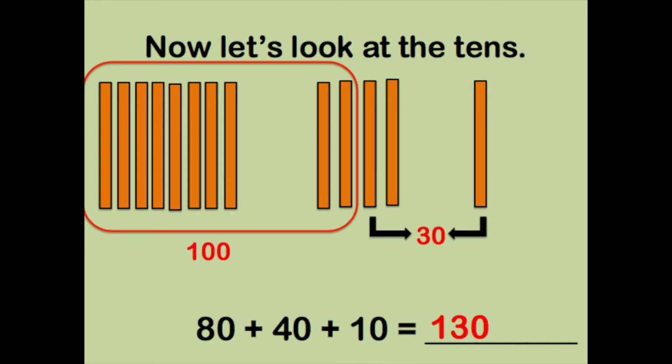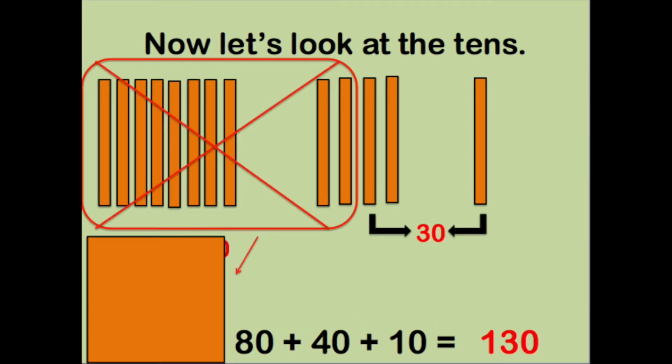Now let's look at the tens. Remember, we just regrouped 10 ones into one group of 10. So now we have 80 plus 40 plus 10, and that equals 130. We can split apart the number 130 into 10 groups of 10 and 3 groups of 10.